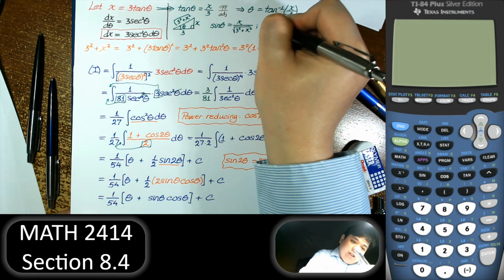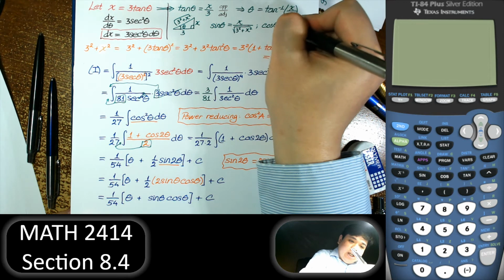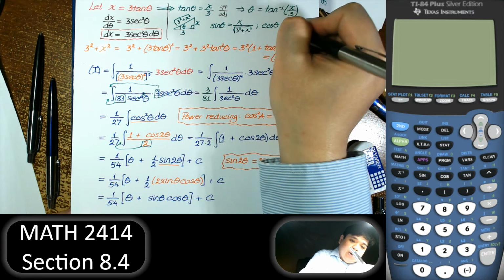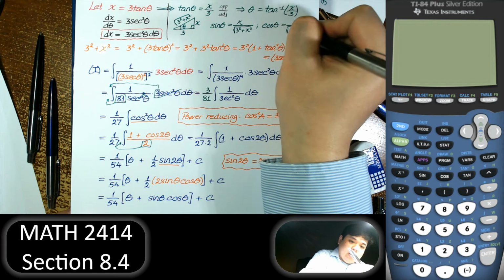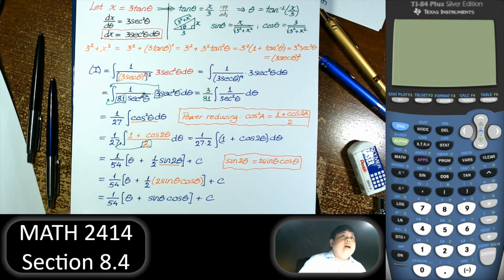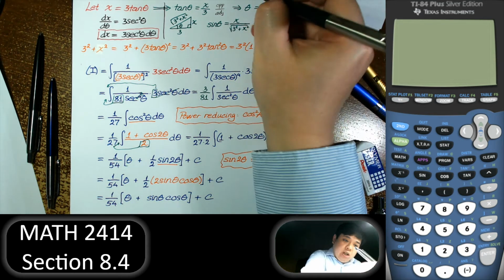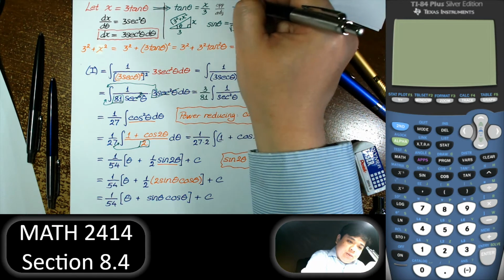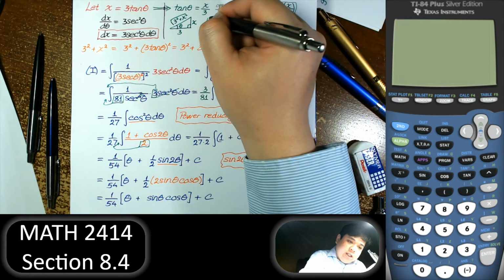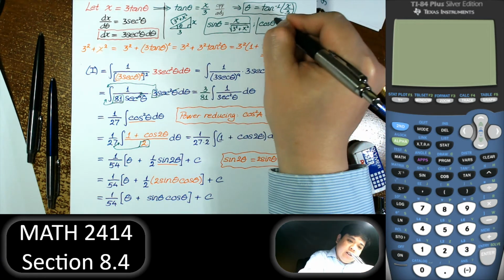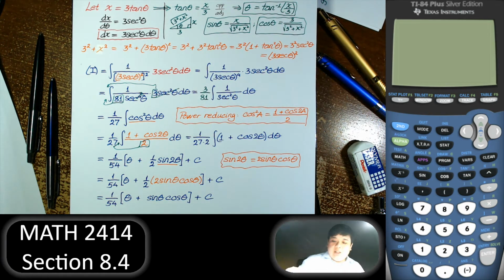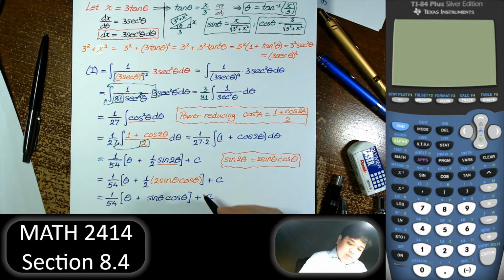And cosine is adjacent over hypotenuse. And we substitute those two into here, and of course the theta equal to theta here. So there are 3 things that we need to substitute in. 1, 2, and 3.